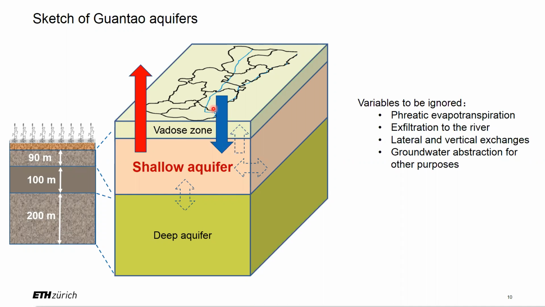Compared to the vertical exchange, the lateral exchange of flux can be ignored, and also the exchange between the shallow aquifer and the deep aquifer can be ignored. Also, since groundwater abstraction of the shallow aquifer is mainly for agricultural use, for irrigation, the other uses of the shallow water can also be ignored.